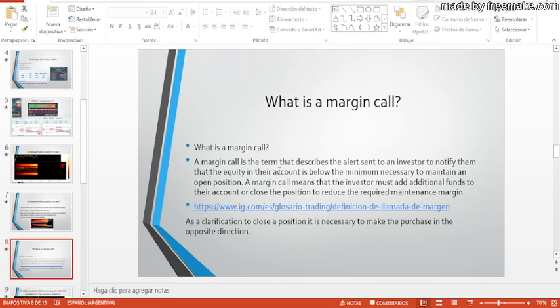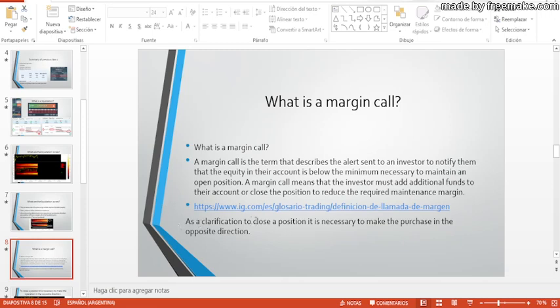Margin call is the term that describes the alert sent to an investor to notify them that the equity in their account is below the minimum necessary to maintain an open position. A margin call means that the investor must add additional funds to their account or close the position to reduce their maintenance margin requirements.